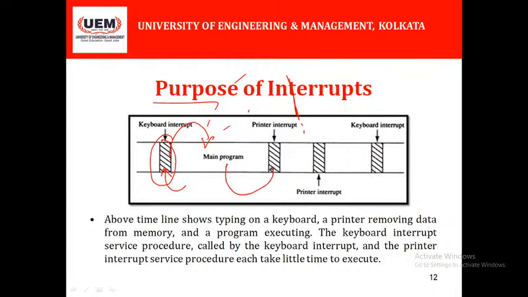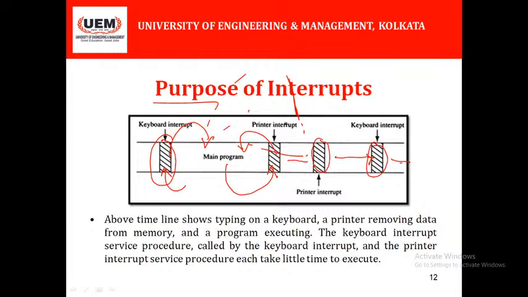Again, suppose there is a printer interrupt. The printer has requested the microprocessor to generate the output. So the microprocessor serviced it, and then once again it will come back to the main program. Again, suppose the main program is continuing, and again the printer has requested, again the main program is continuing, the keyboard has requested, after that the main program continues.